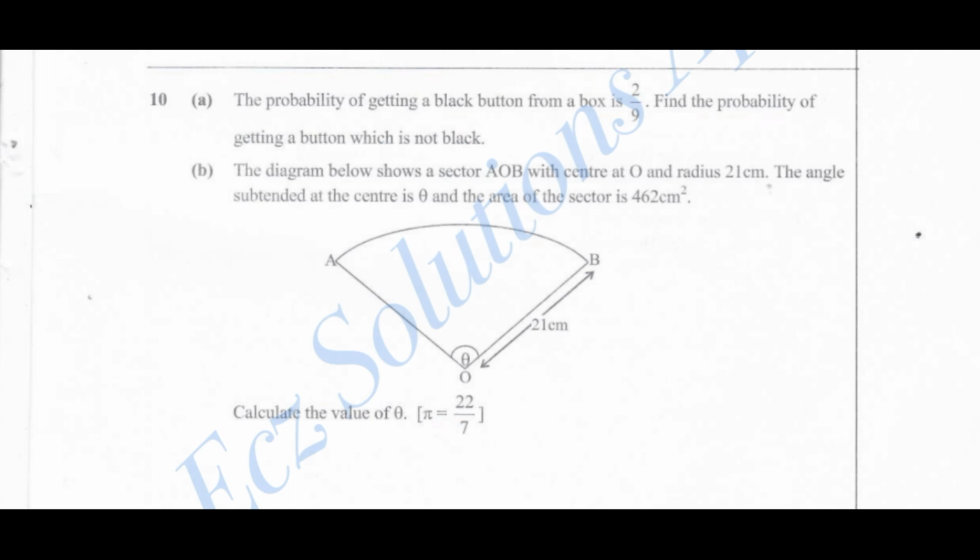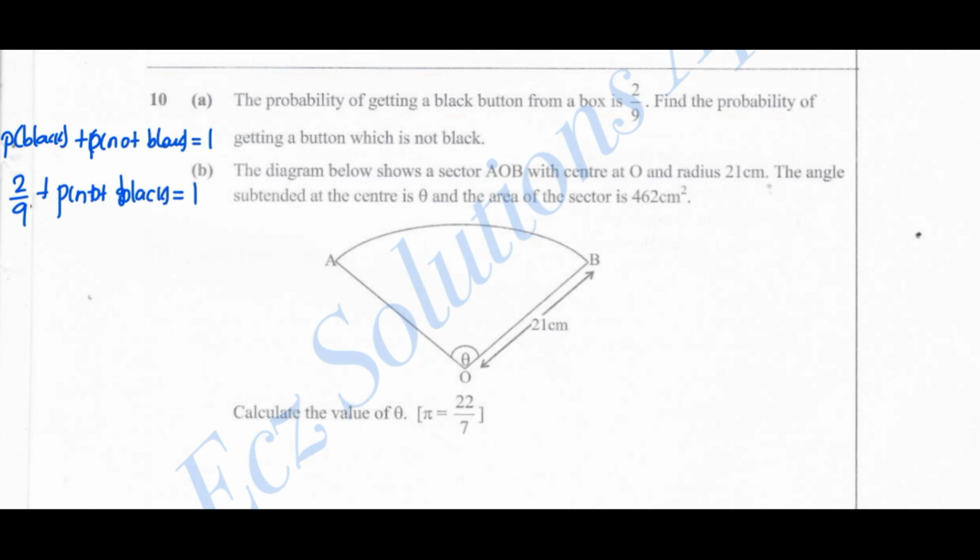So we'll say the probability of getting black plus the probability of not getting black is equal to 1. So the probability of getting black is 2/9, plus the probability of not getting black, is equal to 1.